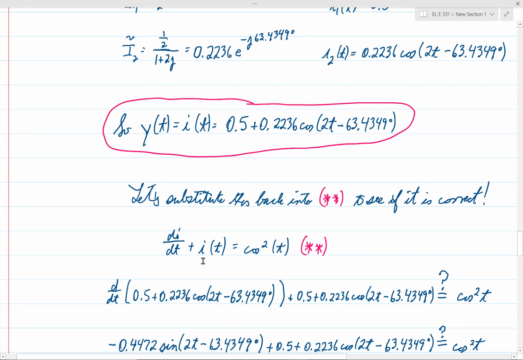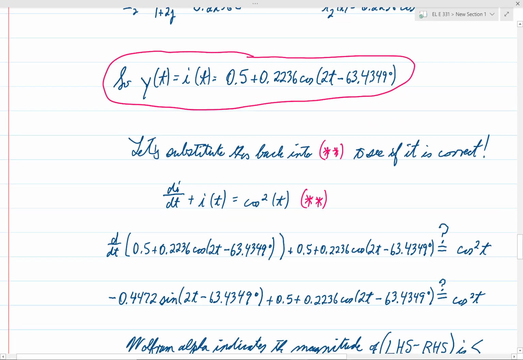Here I have repeated that differential equation, di dt plus I of t is cosine squared of t, and we're claiming that this is the solution. So let's plug it in and see what happens. What we're saying is we want to know if it satisfies this equation. So we say d/dt of that solution plus that solution, is that indeed equal to cosine squared t?